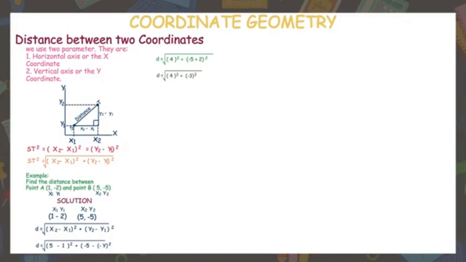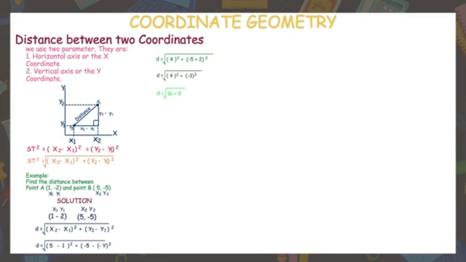Our distance is equal to the square root of 4 squared, which is 4 times 4, which is 16, plus minus 3 squared, meaning minus times minus will give us plus, 3 times 3 will give us 9.